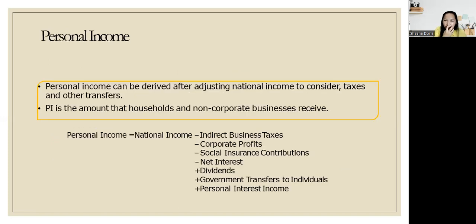Okay, I think nasa browser din to, pero you need to learn how to compute for national income. So personal income can be derived after adjusting national income to consider taxes and other transfers. Is the amount that households and non-corporate businesses receive. So this is the formula.